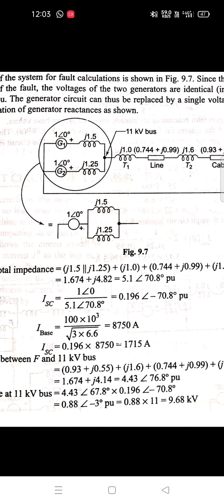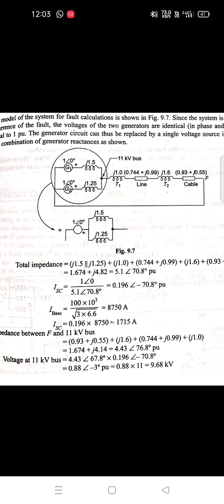For base current, the base MVA we kept was 100 MVA, divided by root 3 times the base kV. Why do we use 6.6 kV here? Because for the cable we already chose 6.6 kV as the base.